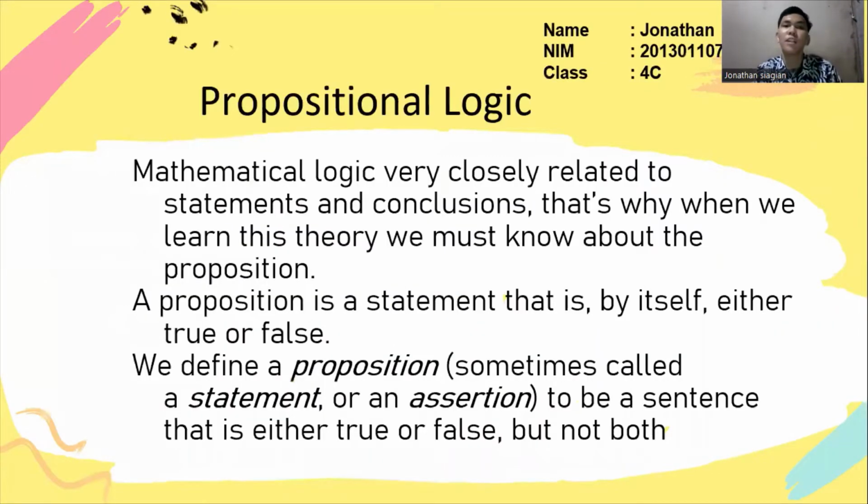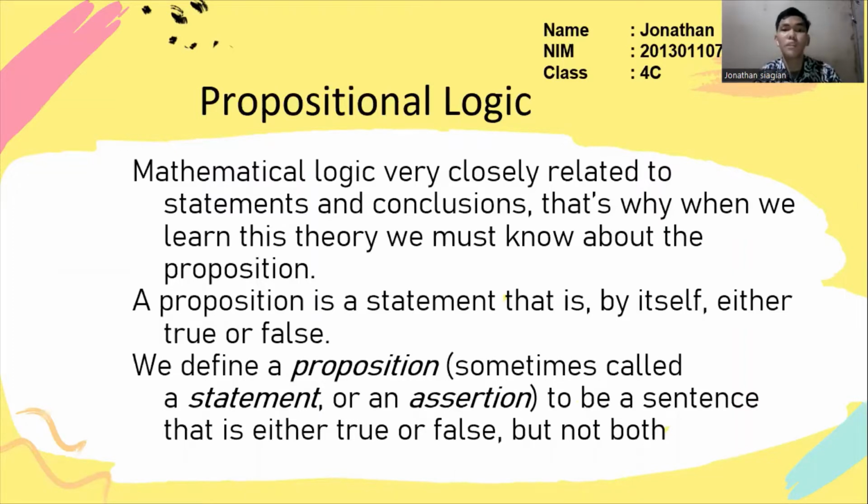First, propositional logic. Mathematical logic is very closely related to statements and conclusions. That's why when we learn this theory, we must know about the proposition. What is the definition of a proposition?